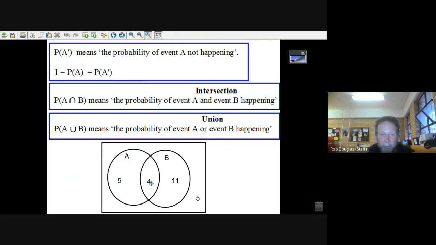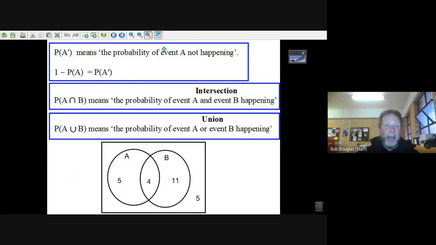The 5, the 4, the 11, there are 20 people that like apples and bananas out of a total of 25. So the probability of the union would be 20 divided by the total, which should be 25 people. And the probability of A union B means the probability of A or B happening.